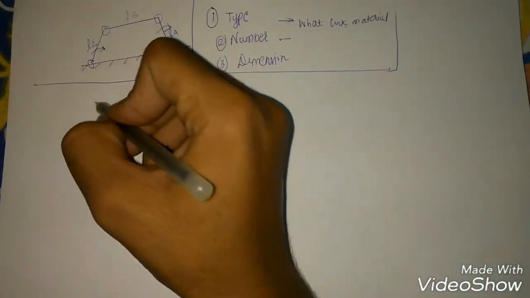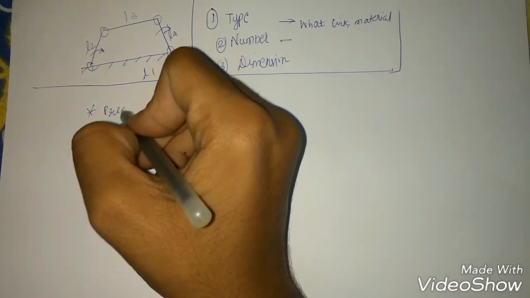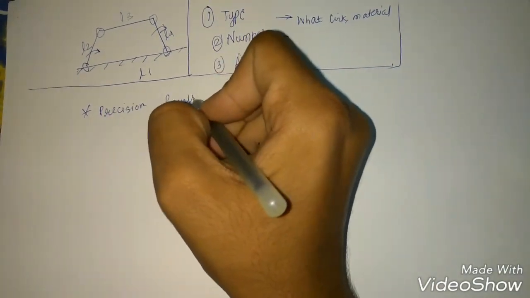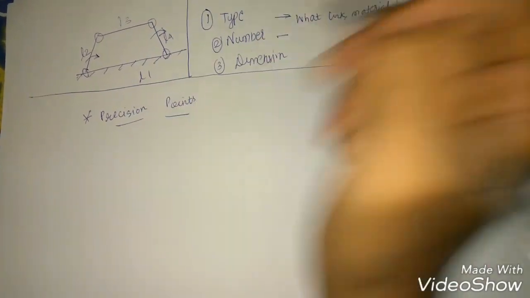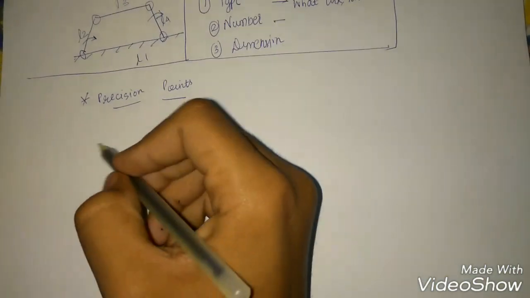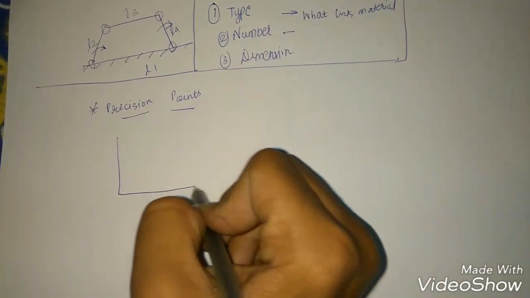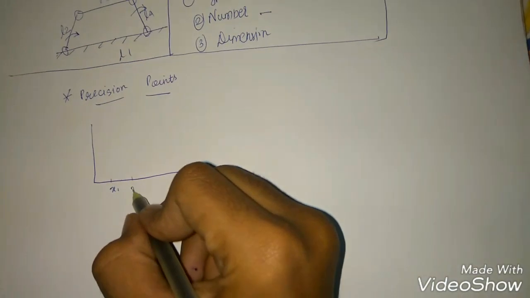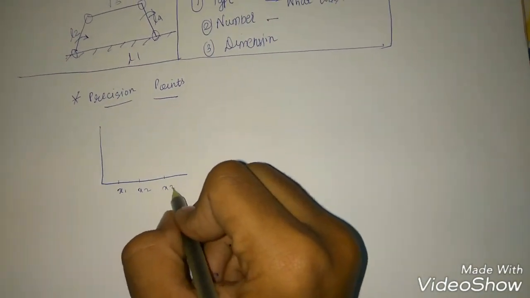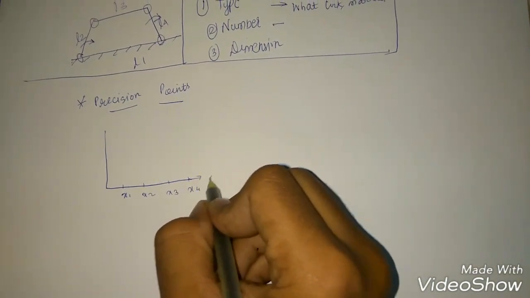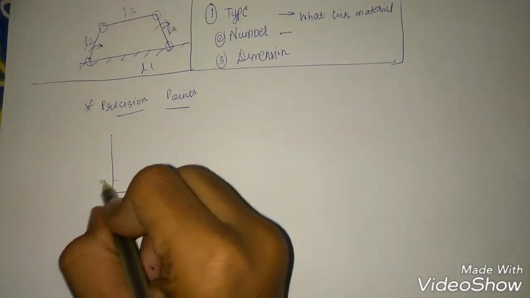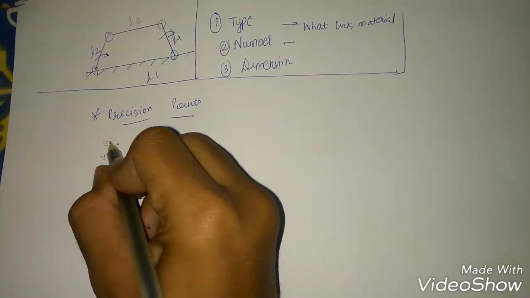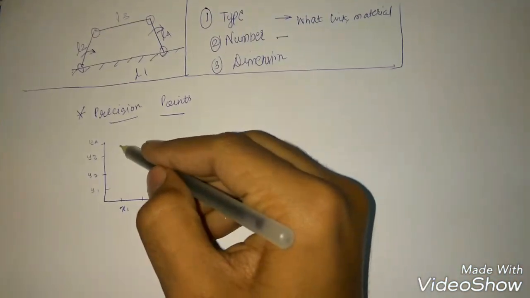So, the determination of precision points. Now consider a function y is equal to f of x. Let's plot x1, x2, x3 and x4 on the x-axis and y1, y2, y3 and y4 on the y-axis.